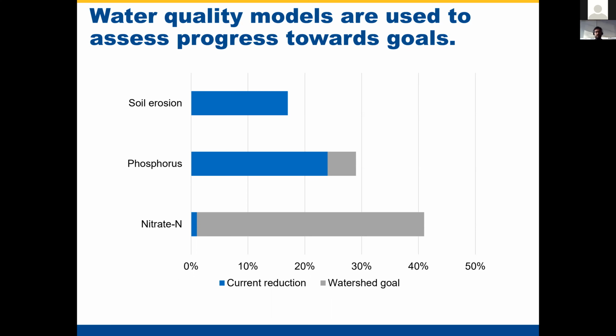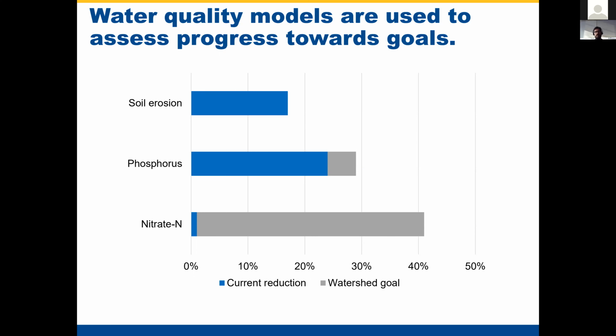Not that it can't be improved, but it's not something that is as bad as it was before. And along with that, with reductions in soil erosion and soil sediment leaving the fields, that's the predominant loss pathway for phosphorus. And so there's not as big of a phosphorus loss concern in the watershed.